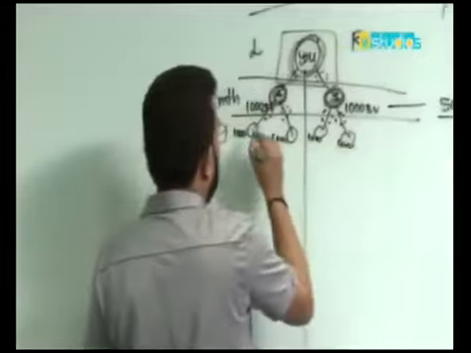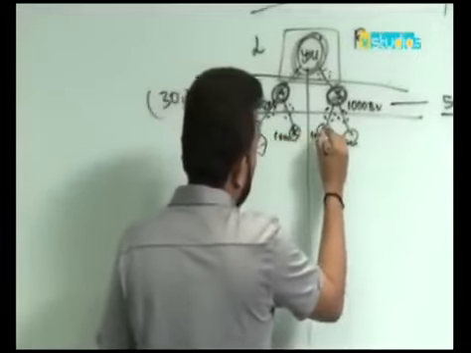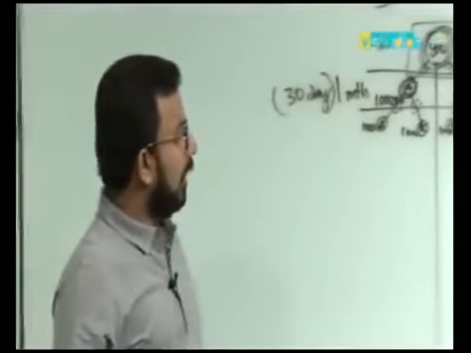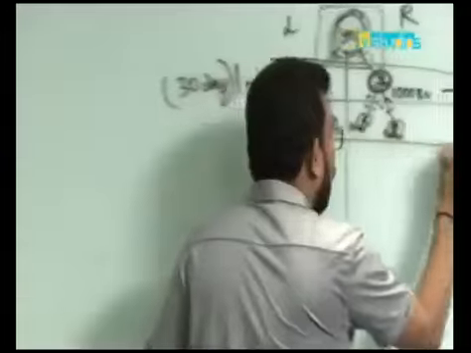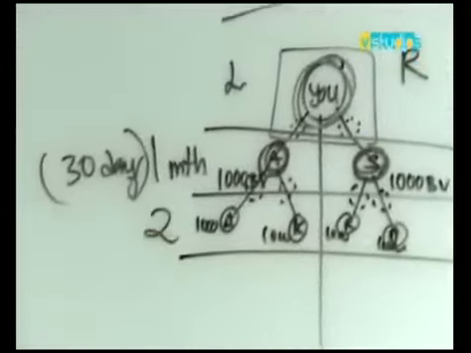Let's say this is Arun, Kuna, Ranjit, and Donna. And that's what happens in the second month, month number 2.